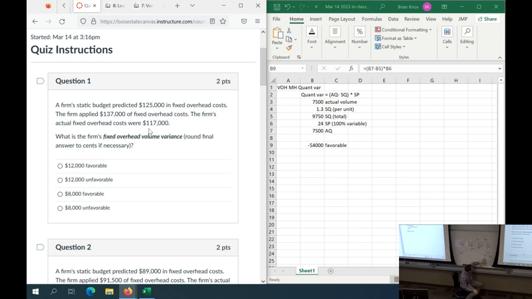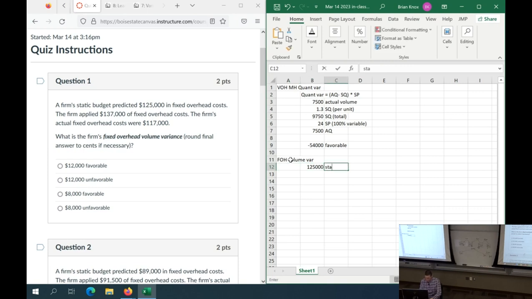Okay, so we want volume variance. We want static minus applied. So fixed overhead volume variance. We want our static, 125,000, static fixed overhead costs. And 137,000 applied fixed overhead costs.